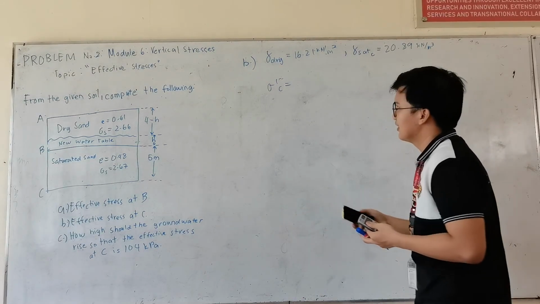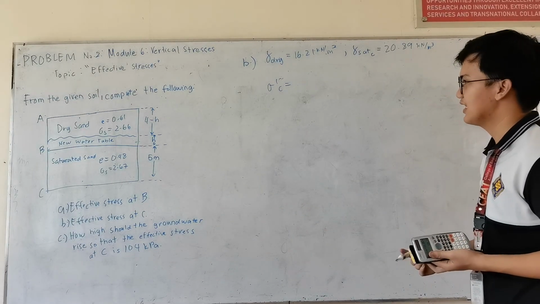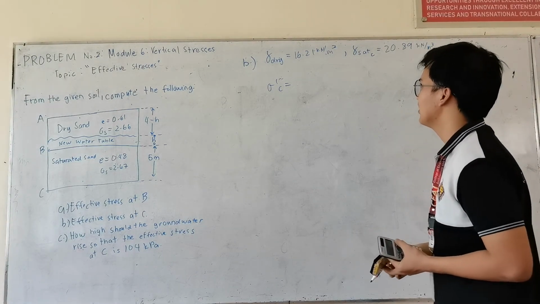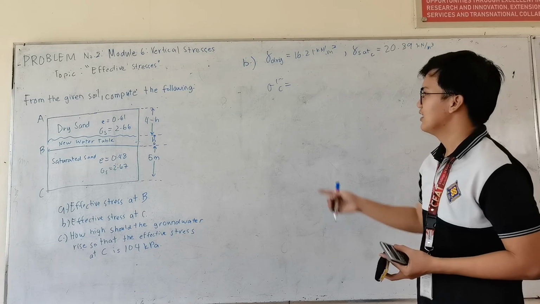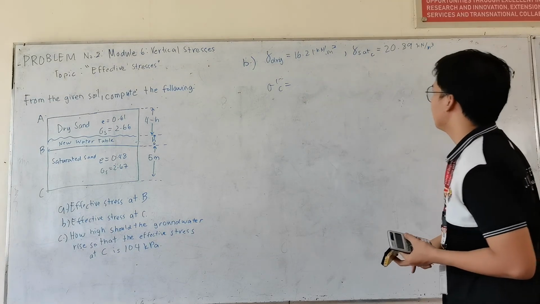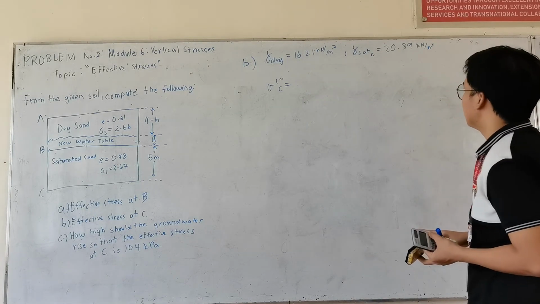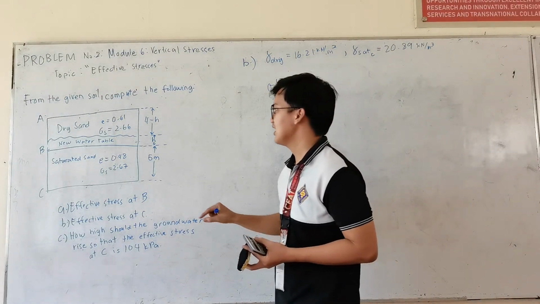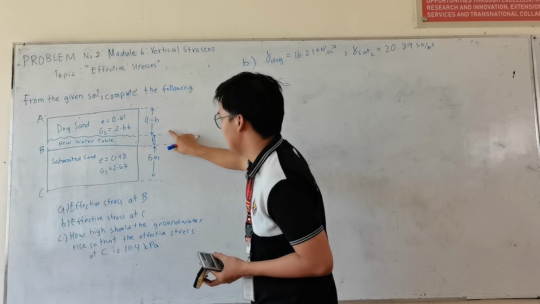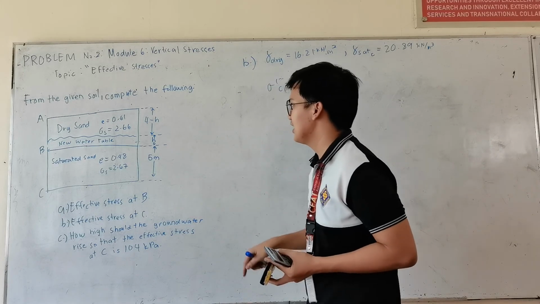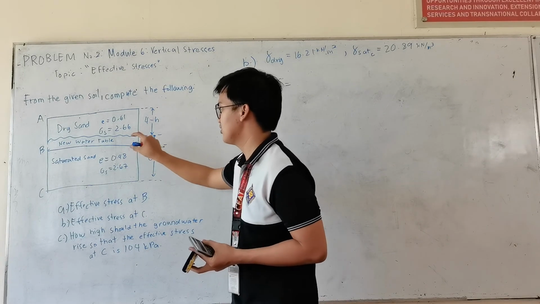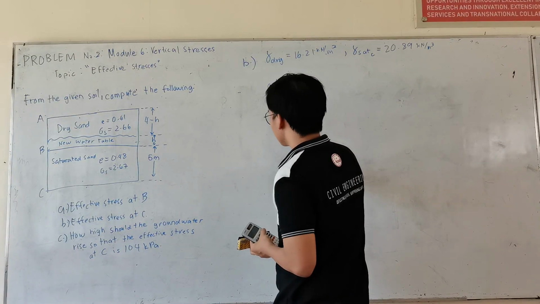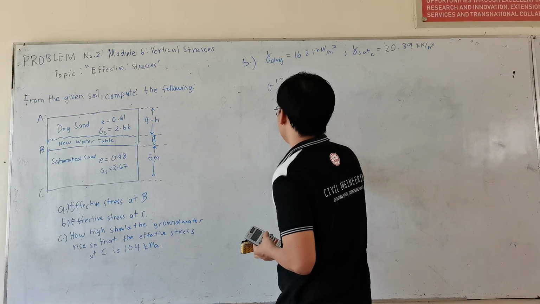So, ngayon, kukunin na po natin ang mga stresses sa lupa. So, take note, kanina nakuha na natin yung unit weight ng dry sand natin, which is 16.21. Sabay yung saturated sand po naman natin is 20.89. Ngayon, ang kukunin po natin yung unit weight dito sa water table po natin. So, ibig sabihin, itong portion ng sand na ito, naging saturated na siya. So, hanapin po muna natin ang unit weight para doon.